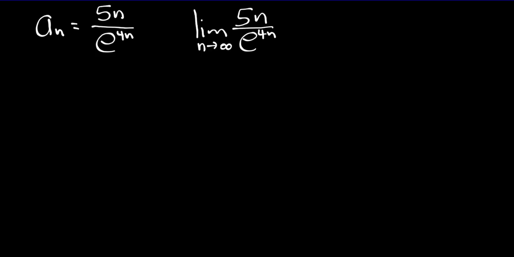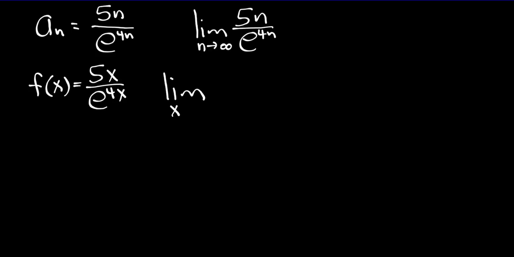Now, one of the things we can do is look at the continuous function 5x over e to the 4x, and take that limit as x goes to infinity. You might say, well, I still don't know what that is. How do we determine that?